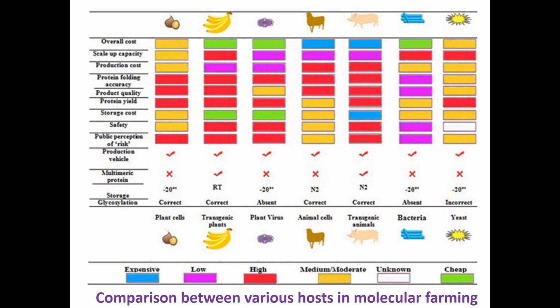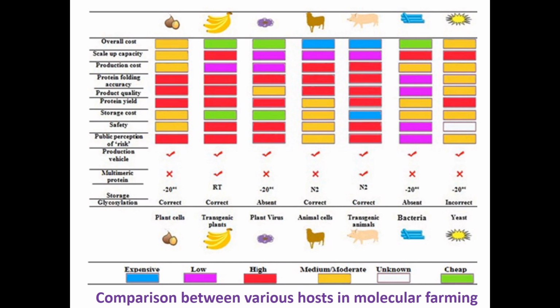Suppose you take the yeast system: the overall production cost is moderate, and everything is moderate. Safety is not at all known when we produce in yeast, but people accept this. When we come to the bacterial system, the protein folding accuracy is low.